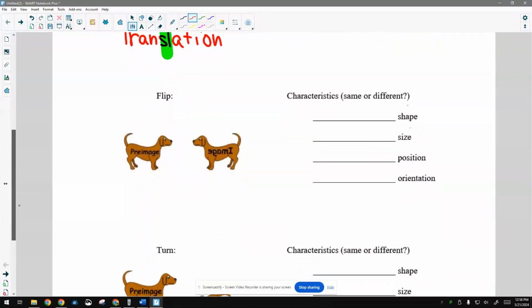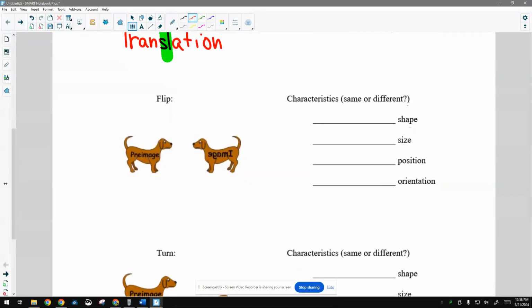A flip. Let's take a look at Franklin now. Here's the pre-image. Pre is before. He's facing the door. Okay. Did his shape change? No. He still looks like a woof woof. Okay. Did his size change? Nope. Same size. He's still a little dog.